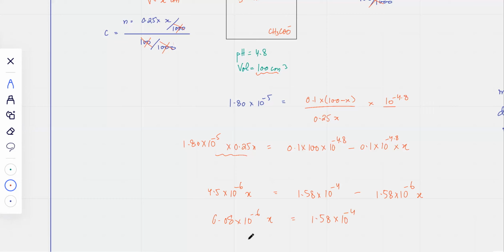Negative 4. And try and solve for x now. So I think your answer was all right.